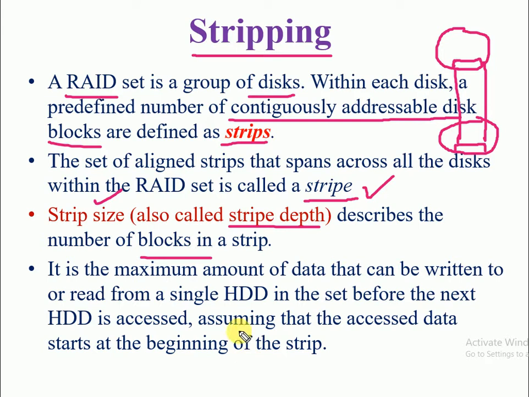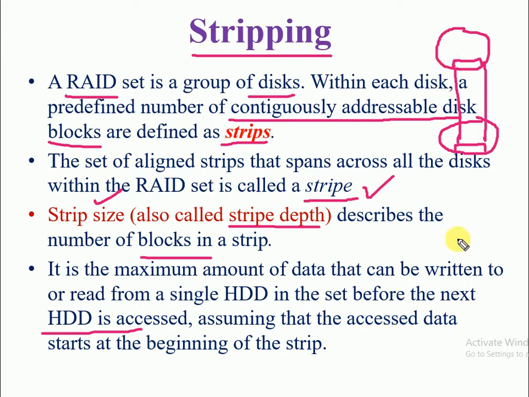It is the maximum amount of data that can be written to or read from a single hard disk drive in the set before the next access. So at a particular time, the data can be accessed from any of these strips.